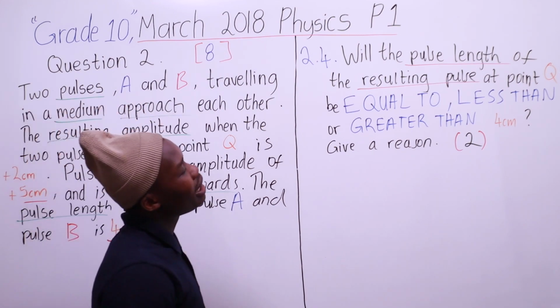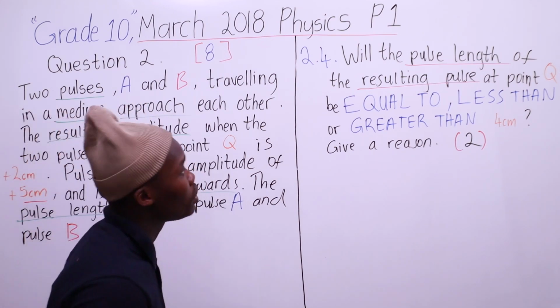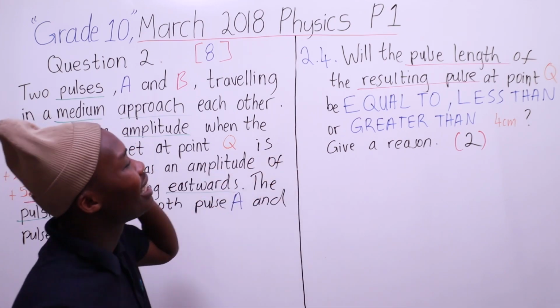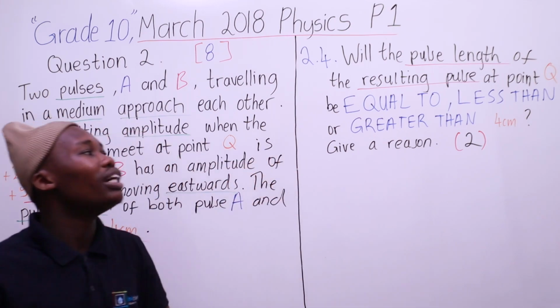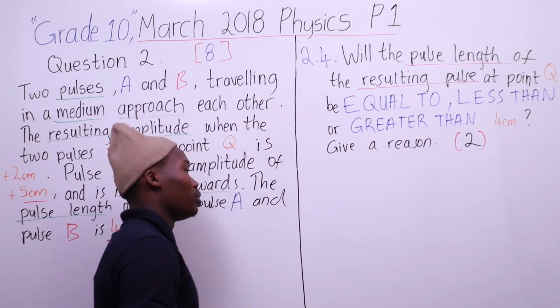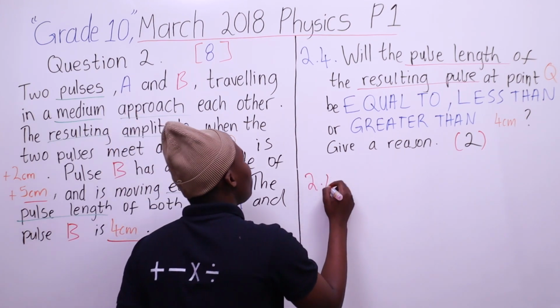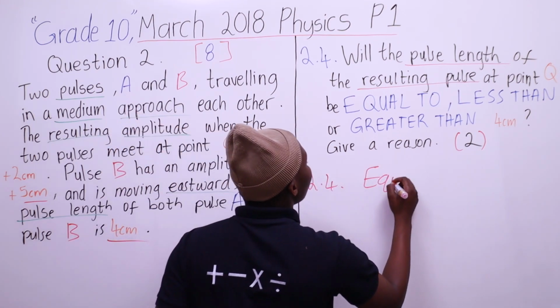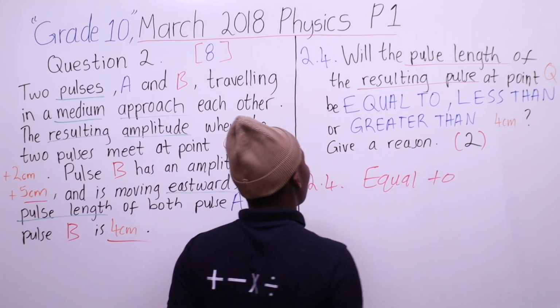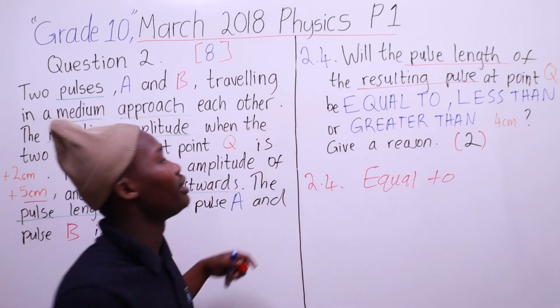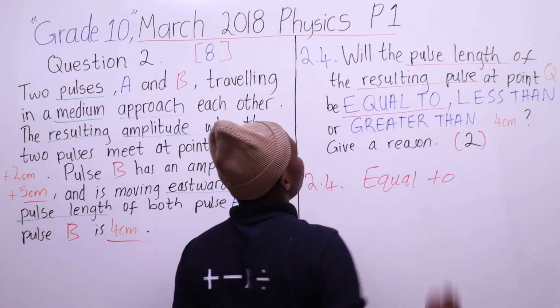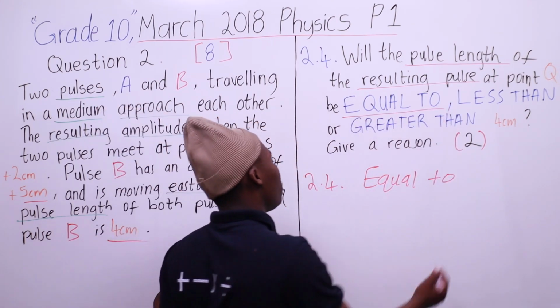Therefore, for the 2 marks, it is fairly simple. Will the pulse length of the resulting pulse at point Q be equal to, less than, or greater than? So your final answer, you will just start by saying equals to. Yabo? You choose this. You choose equals to. Yabo? Why is it equals to?